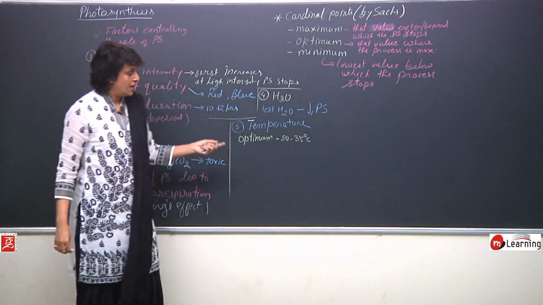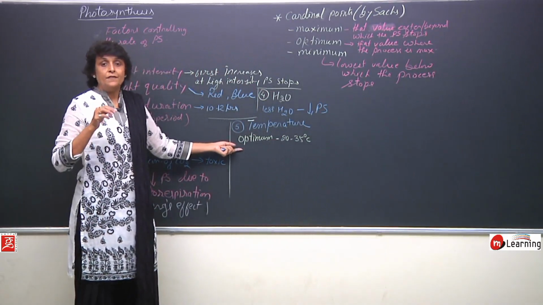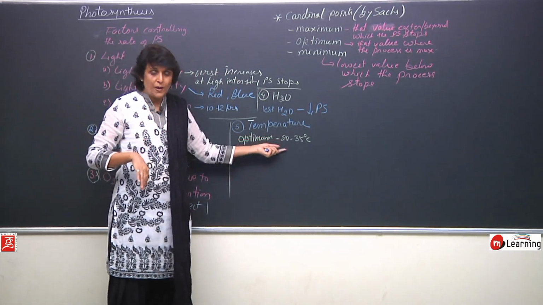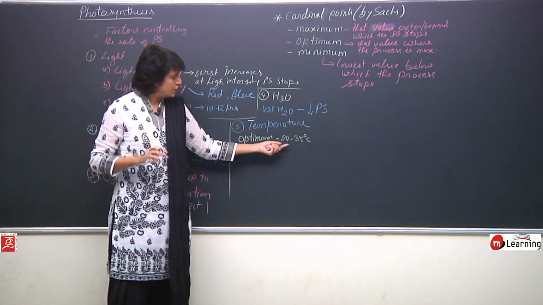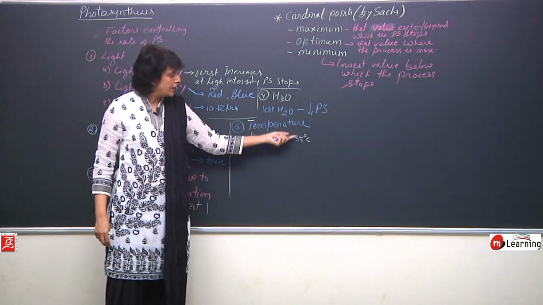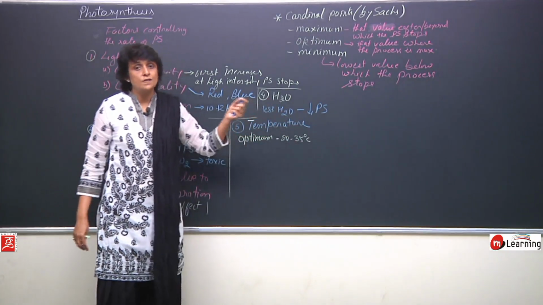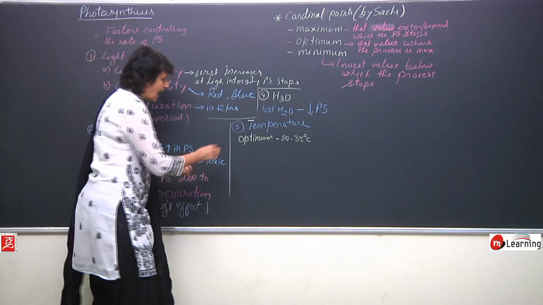This is the optimum. What does this mean? That if it falls below 20, first the rate of photosynthesis will start decreasing and then finally stop. If it moves above 35, the rate of photosynthesis will decline and stop.